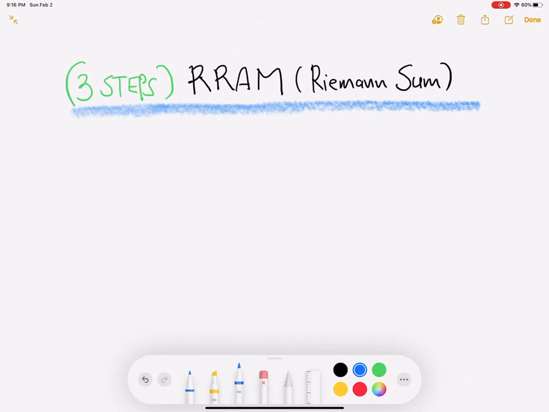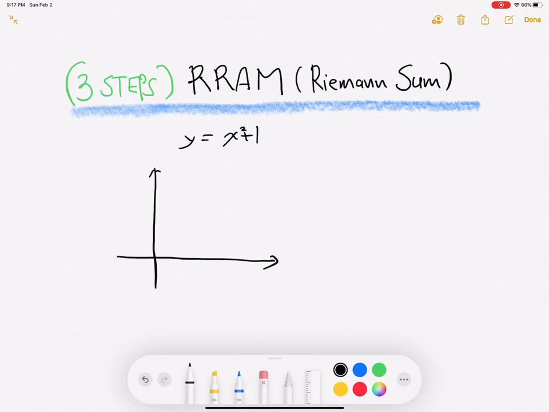Let's start. I use the same function, y equals x squared plus 1. The graph looks like this. The y-intercept is 1, and it's a parabola that opens up. So, like this, right?